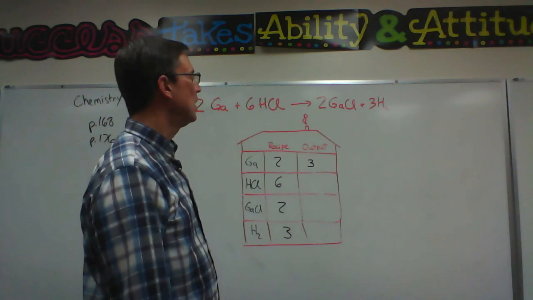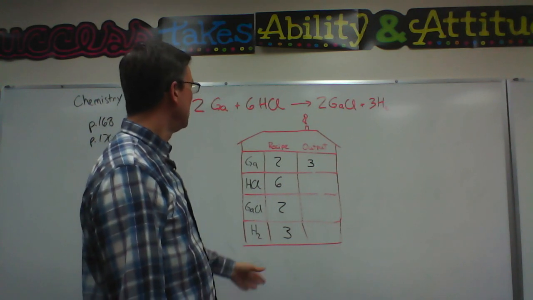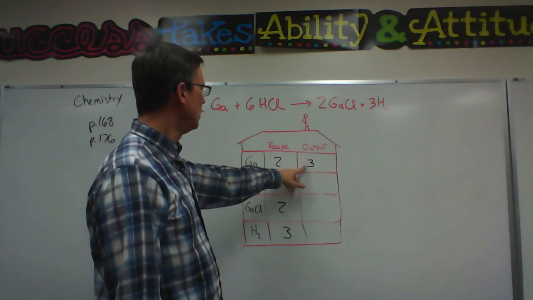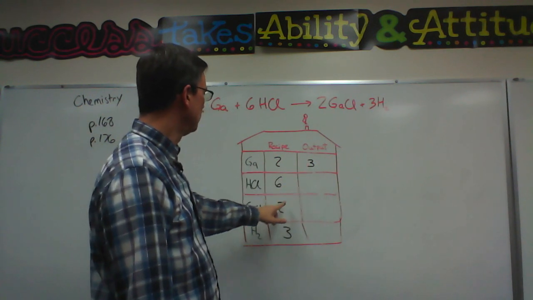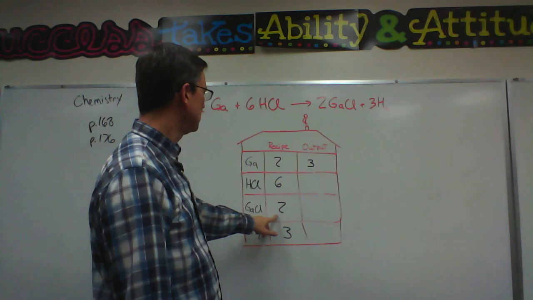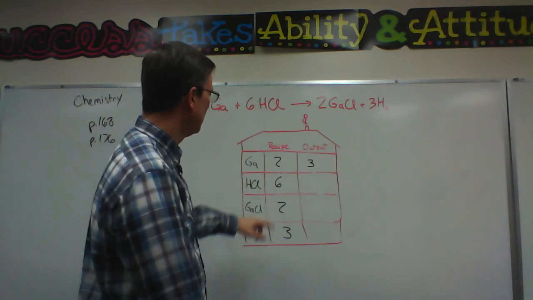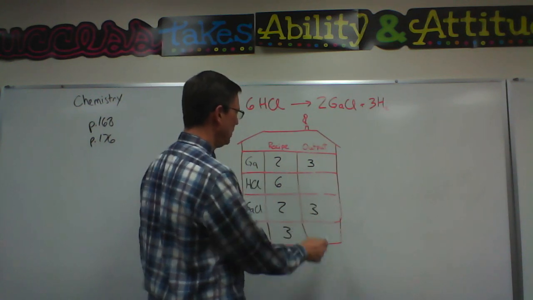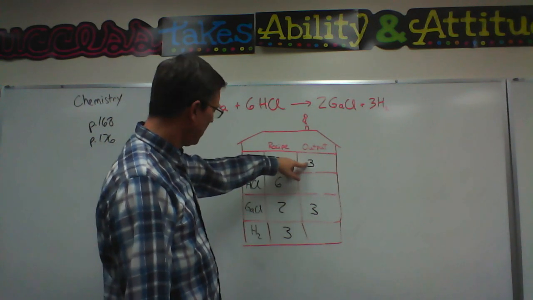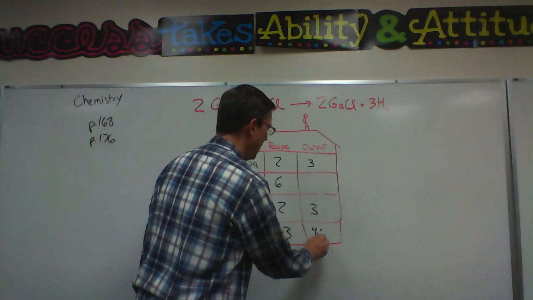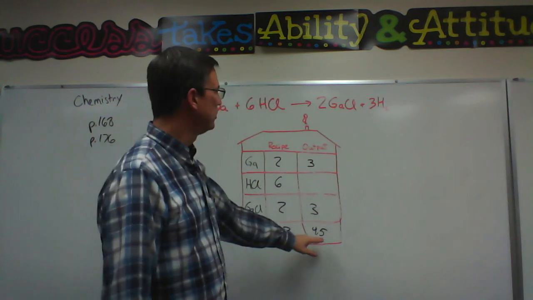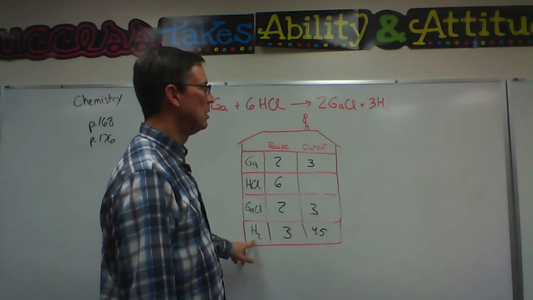The question is how much will be produced, okay? If I have 3 here and I want to know how much gallium chloride is produced, I have to cross multiply. 3 times 2 is 6, okay? Divided by 2, I will get 3. Okay? If I multiply 3 times 3 and get 9 divided by 2, I'll have 4.5 moles of the hydrogen produced.